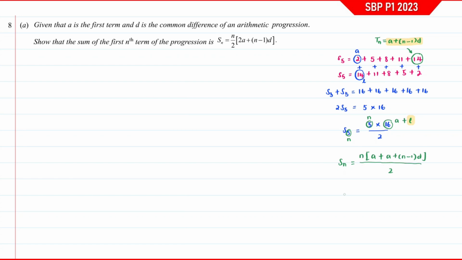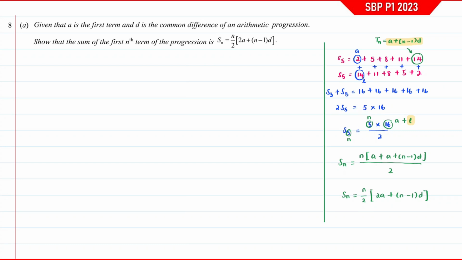And if we rearrange this, then Sn is equal to n over 2 times (2a plus (n minus 1)d). So this is from a specific example to understand how this formula is formed.